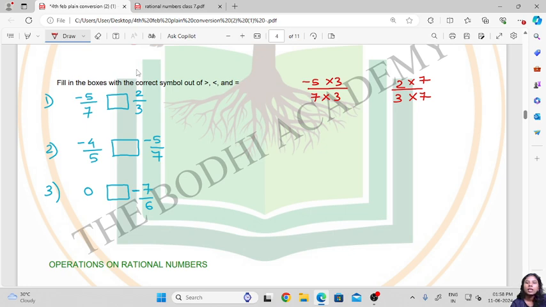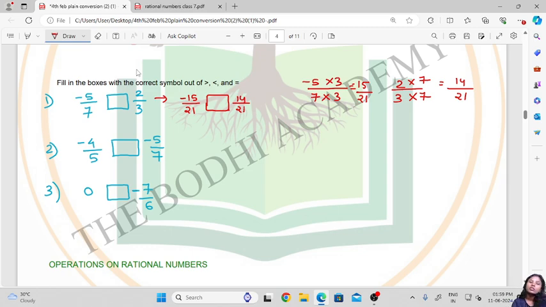Okay, so the answer here will be 5 3s are 15, minus 15 upon 21 and positive 14 upon 21. So now basically we have converted and made the denominators the same. So we have minus 15 upon 21 and we have 14 upon 21.